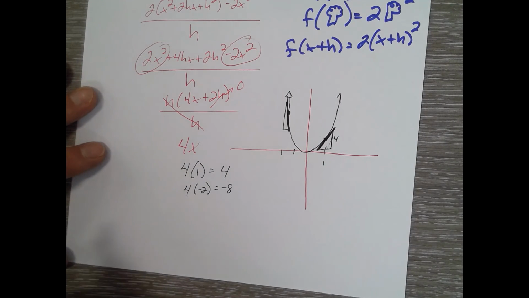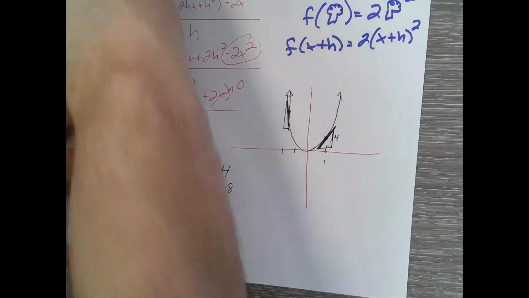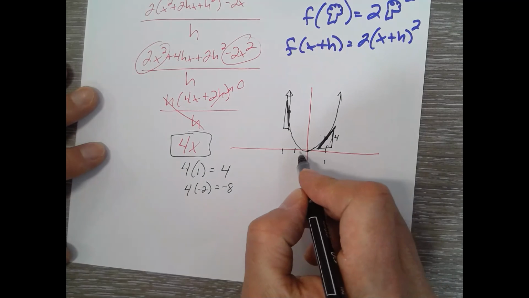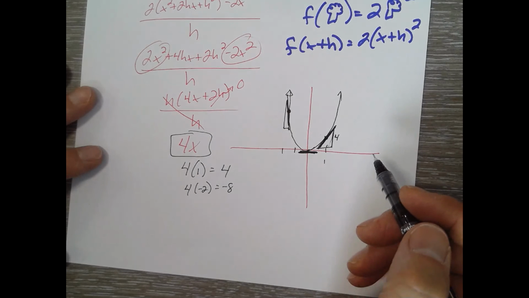What is the derivative at 0? I get 0 for a slope. Does that make sense? At 0, how steep is it? Is it positive or negative? It's neither. It's flat.